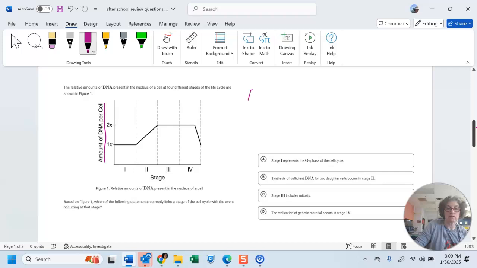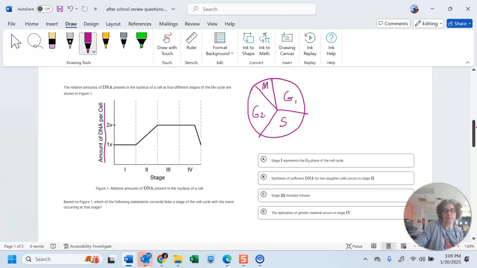Okay, so again, remember the cell cycle. In this case, it's going to be more useful for us because we're talking about all of the cell cycle sections here. Okay, remember we have G1, we have S, we have G2, and we have M, where the cells divide. Okay, G1 is growth, right? What happens in S?